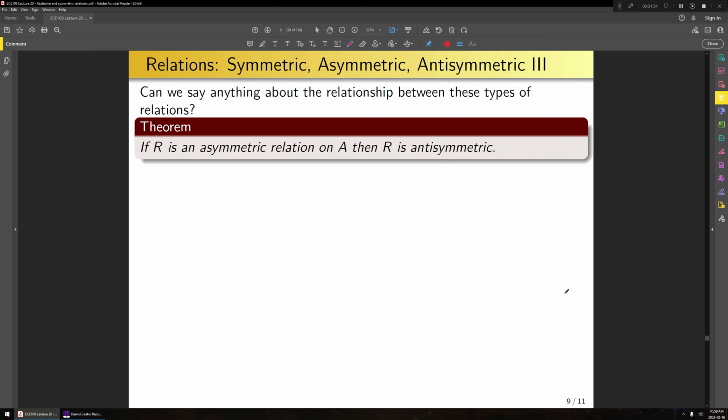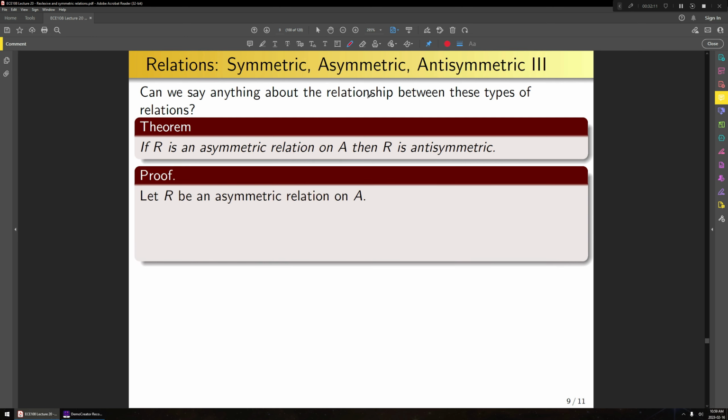So we'll give a formal proof for this, and to do so, we have to be careful with the null relation. Generally speaking, hopefully you've learned that the null set causes all kinds of issues with edge cases. Because of that, you need to be careful with handling it, so handle it first. Let R be an asymmetric relation. My goal is now to show that it's anti-symmetric.